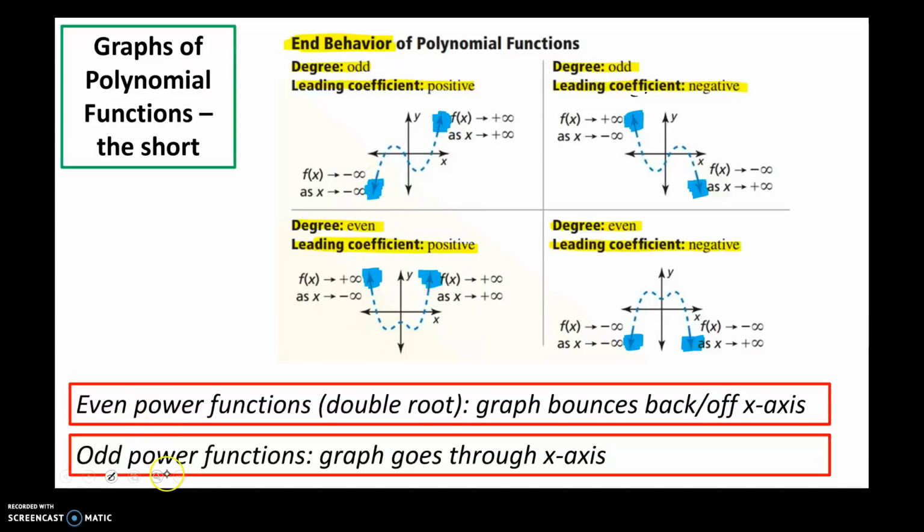Now the next piece of information, which again will make more sense when we look at the graphs: for an even power factor, the graph is going to bounce off the x-axis at that root, at that zero, at that x-intercept. If we have an odd power factor, when we go to graph the polynomial, the graph will cross through the x-axis. And again, these will make more sense when we look at our examples.